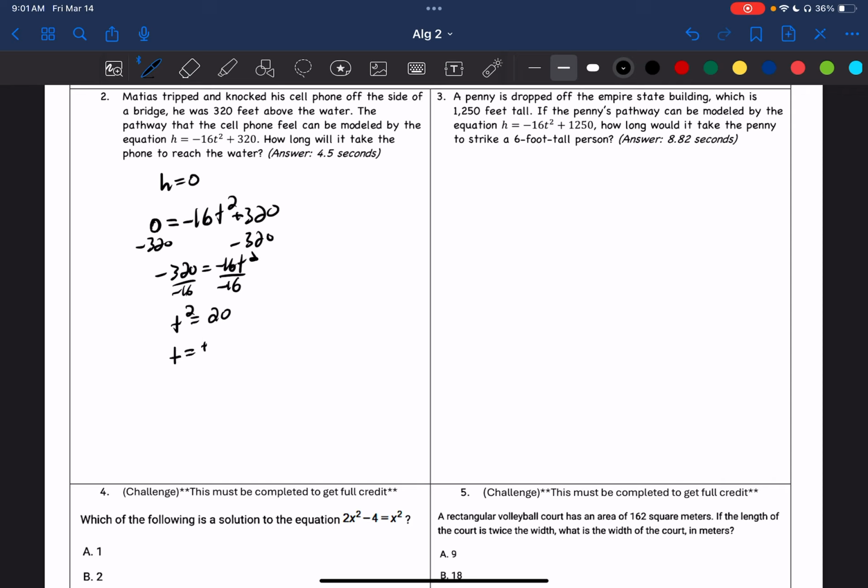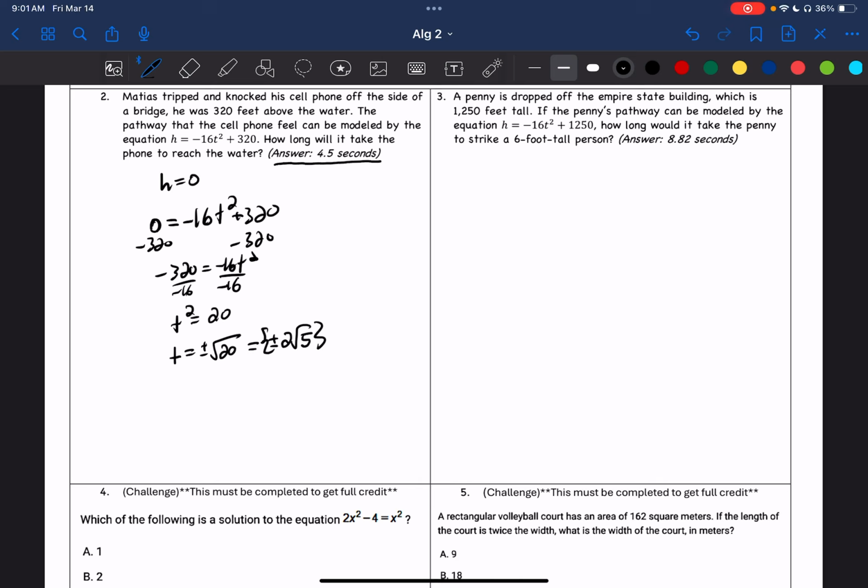And then t will be equal to plus or minus the square root of 20. That's equal to plus or minus 2 roots of 5. If you want to do prime factorization to get that, you can. And if you plug that into your calculator and get a decimal, it is roughly 4.5 seconds.